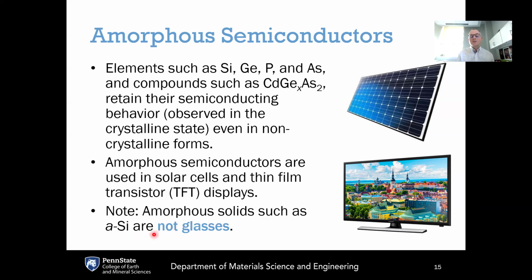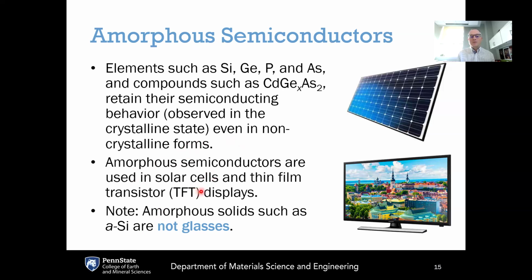Amorphous solids do not have a glass transition because they are not formed by cooling from a liquid. They are usually formed by vapor deposition, and their structure is very different from the structure of the corresponding liquid.